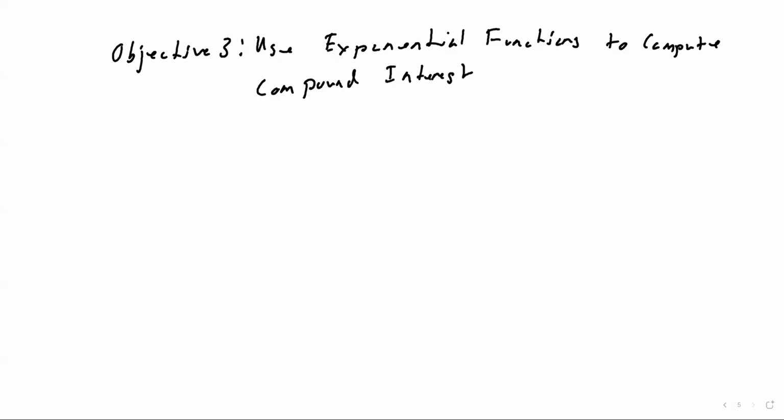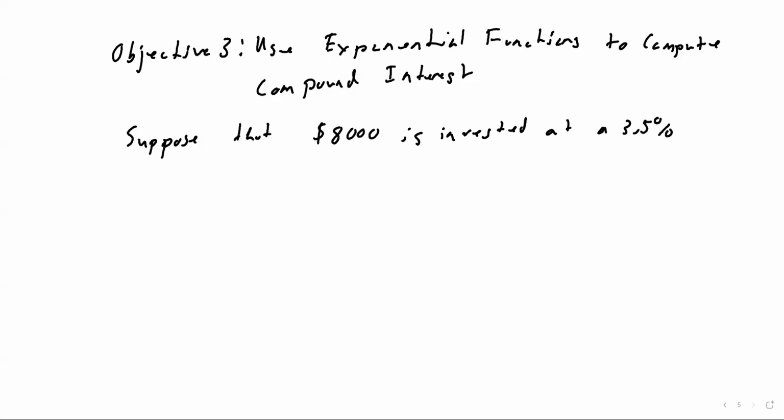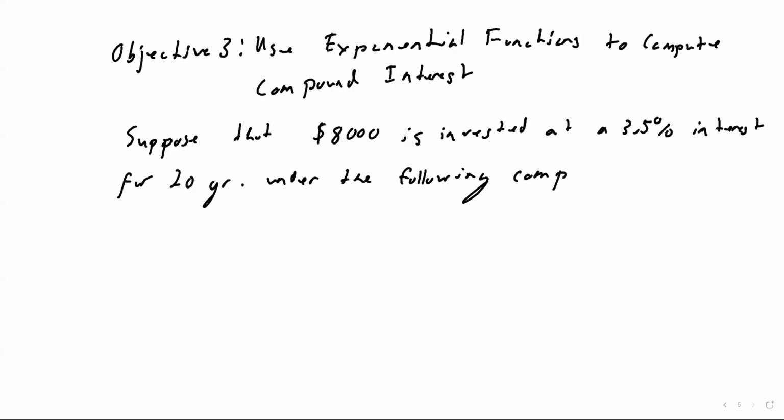All right, here we go. These are the type of questions you're going to have to do. If I give you a word problem that says, suppose that $8,000 is invested at a 3.5% interest for 20 years under the following compounding options.